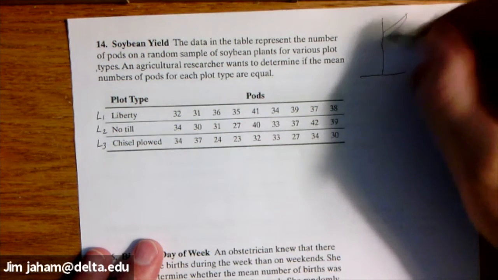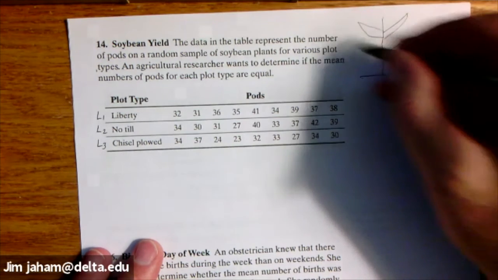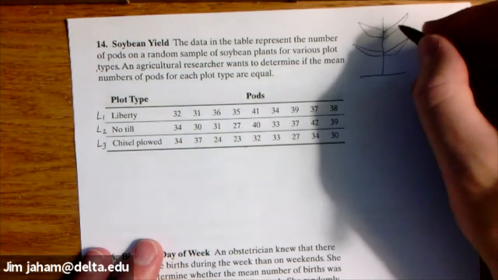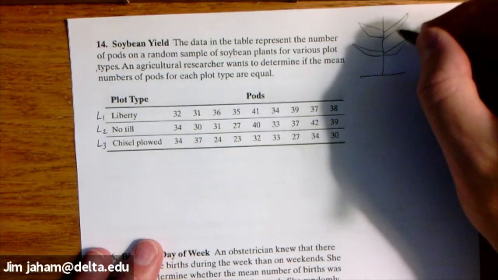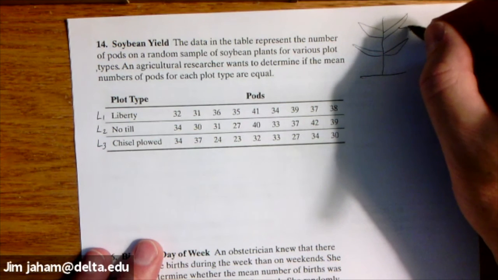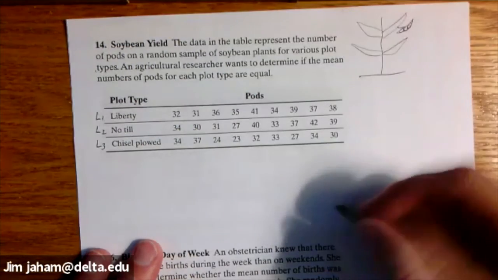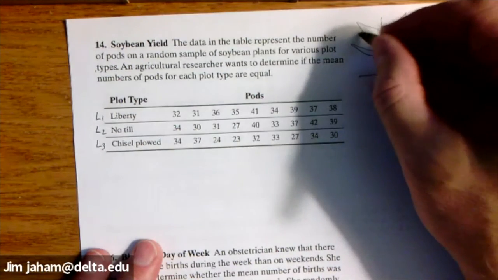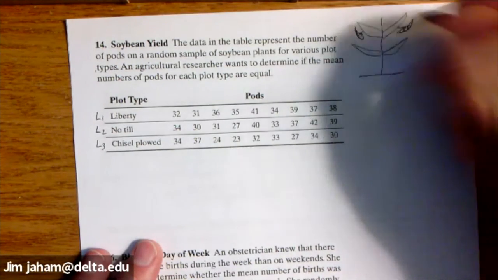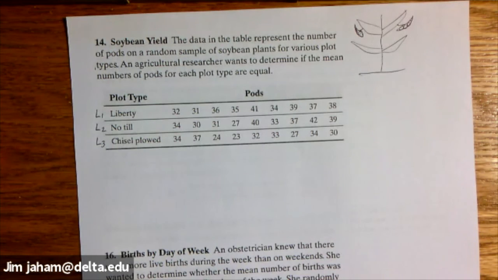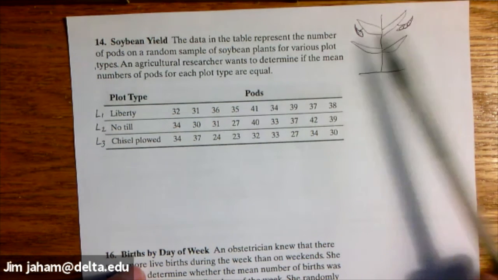And you've got some leaves, and then you have these little like peas in a pod, but they're soybeans in a pod. And how many of these are there? You would hope that the ground you're using and the water and the fertilizer it receives all contribute to the number of these little pods that you see.